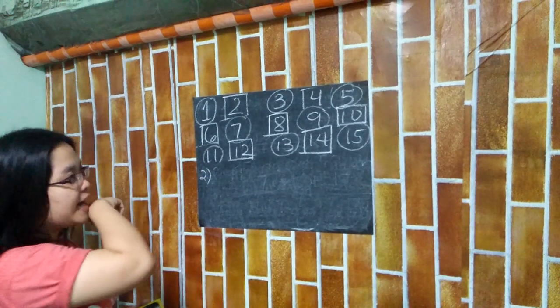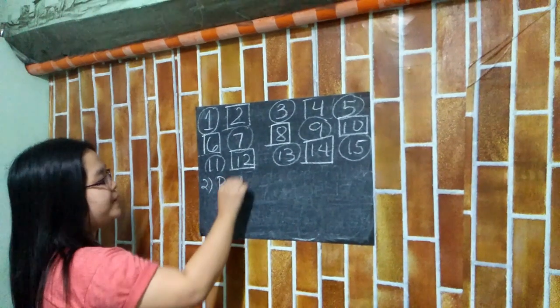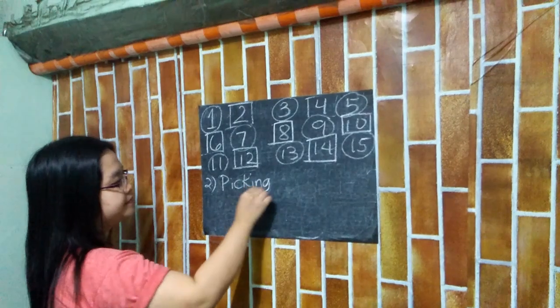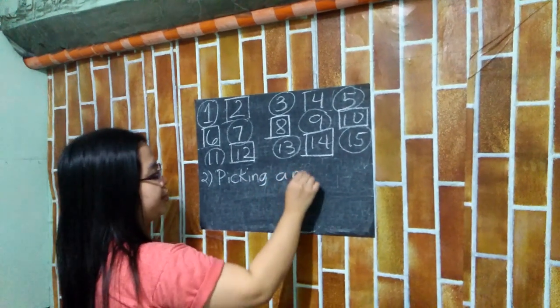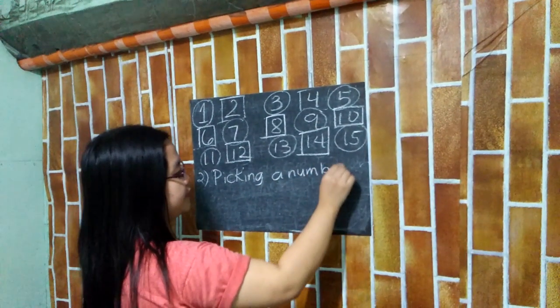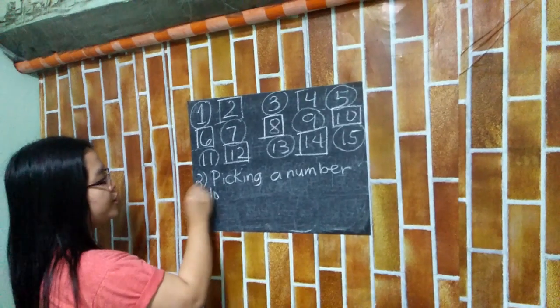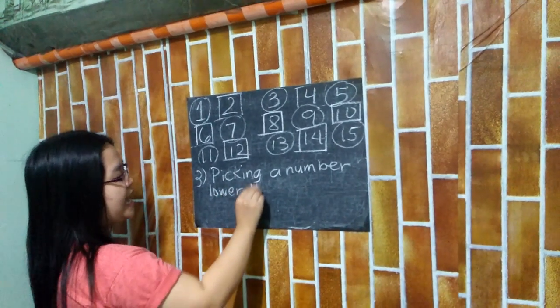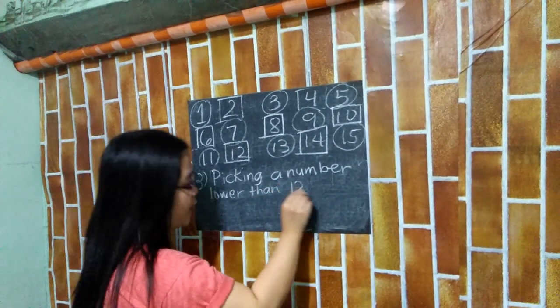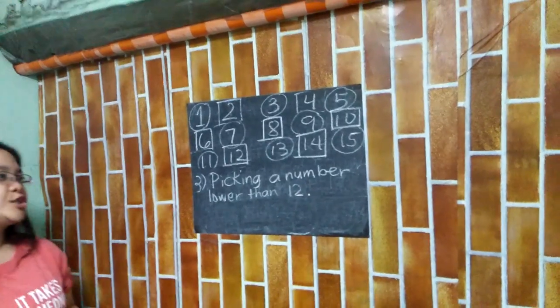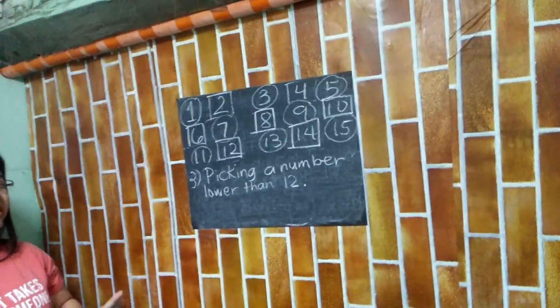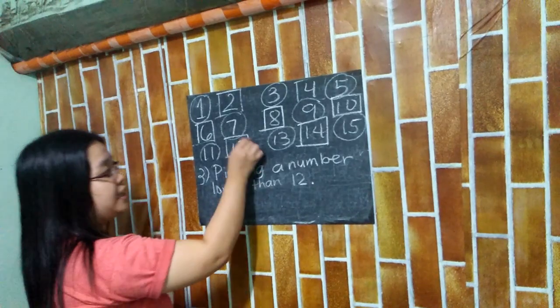So let's have picking a number lower than 12. Okay. So picking a number lower than 12. So this is 12, right?